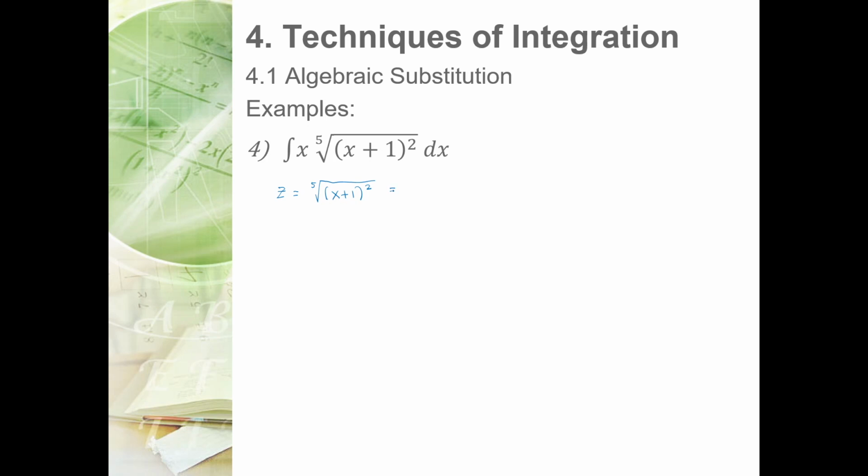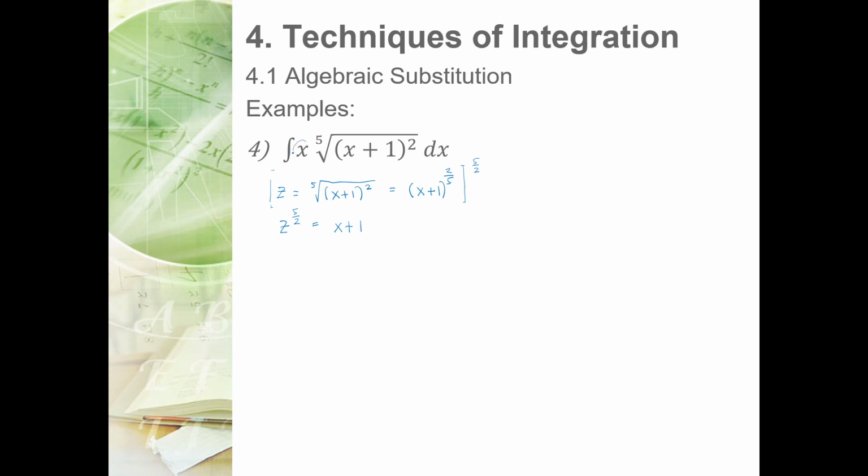So just try to express it in its exponential format. So x plus 1, then raised to 2 fifths. Then multiplying everything by 5 over 2 to eliminate the fraction exponent. Okay, so this becomes z to the power of 5 halves equals x plus 1.